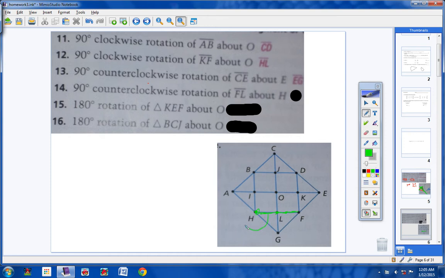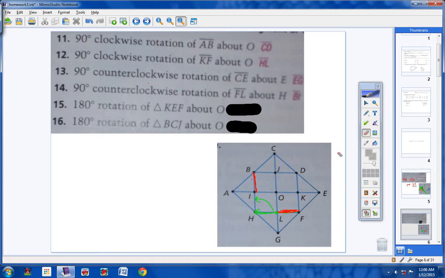Counterclockwise, so not this way. That's clockwise, okay? We're going to rotate it this way, 90 degrees. So from here to here. So this segment here, if you rotated it up, would hit right here on BI. This segment here in red, if you were to rotate this whole thing up, it would hit right here at BI or IB. Okay? So there we go.